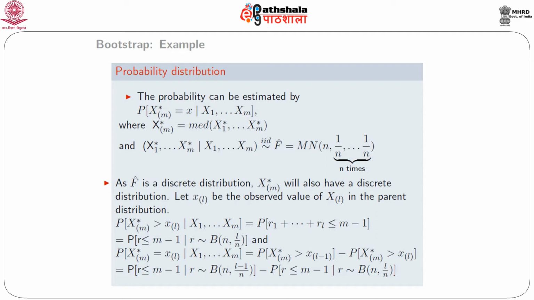Now, note that F hat is a discrete distribution. So, we can take this approach, and this is the first approach, that F hat is a discrete distribution. So, xm star will also have a discrete distribution.